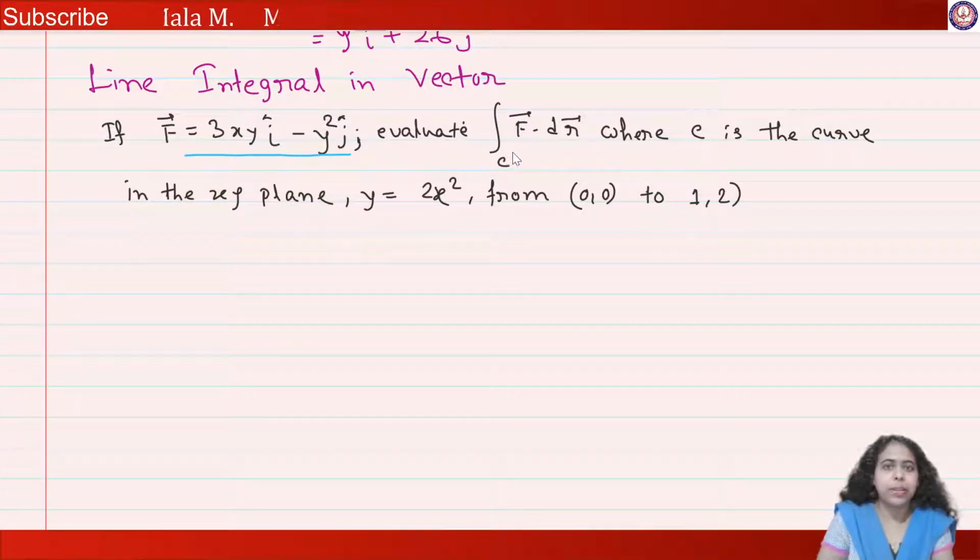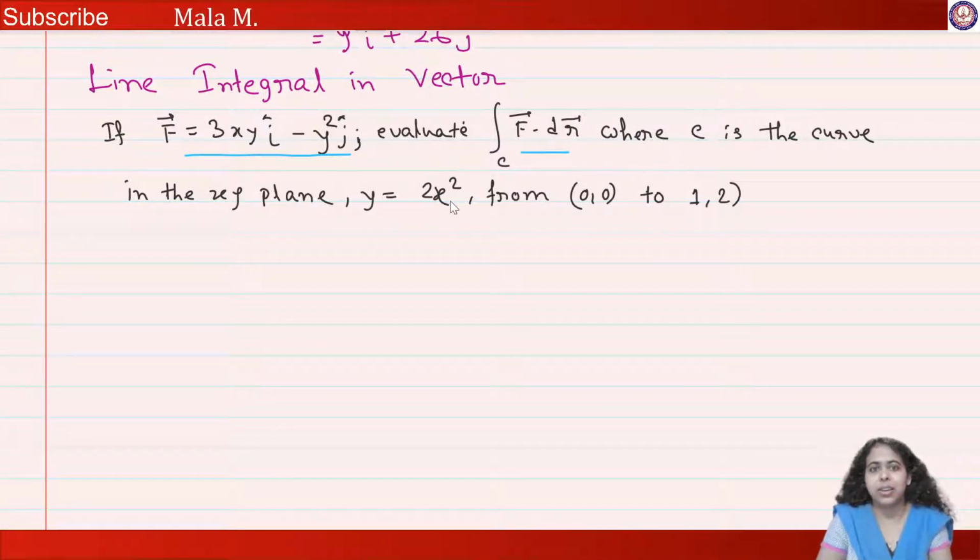Now we have to evaluate the value of the integration of F dot dr along the path C, where C is y equals 2x square, from the points (0,0) to (1,2). The limit is (0,0) to (1,2).